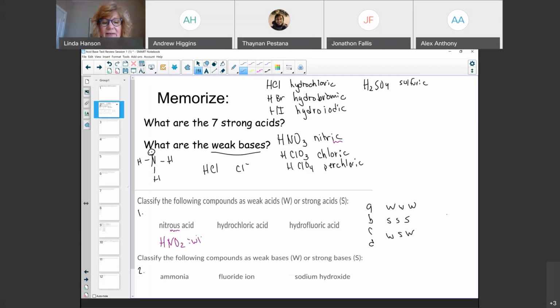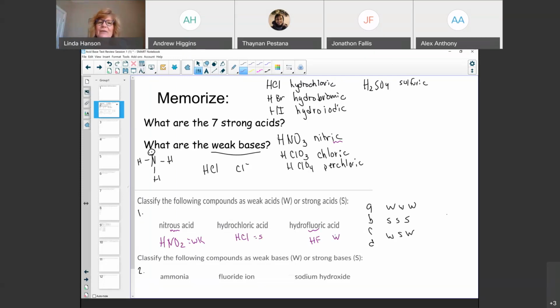That's a weak acid because it's not one of the 7 strong. We recognize HCl. Okay, that's on the list that I have memorized. So that's a strong acid. And hydrofluoric, HF, is not one of the halogens that's considered strong. So you'd have to find the answer that went weak, strong, weak. That's it to that question.